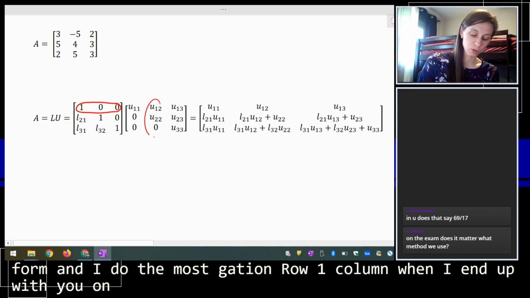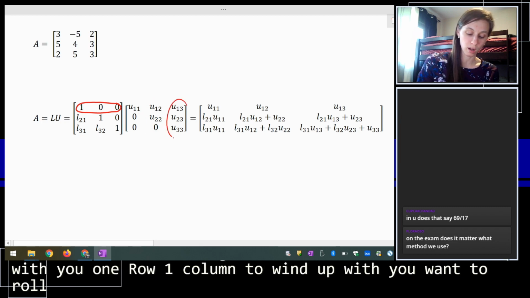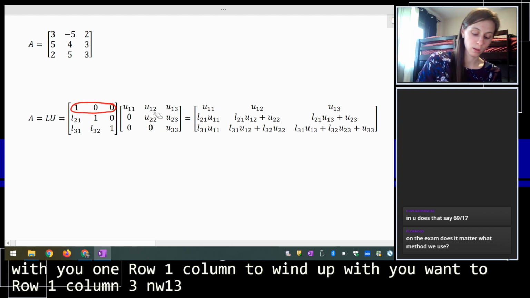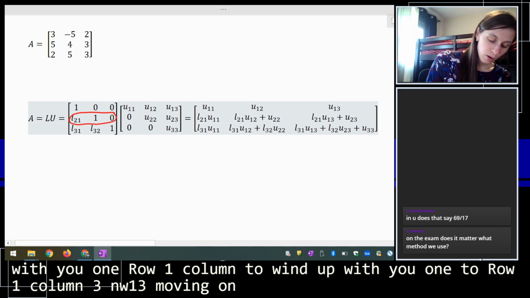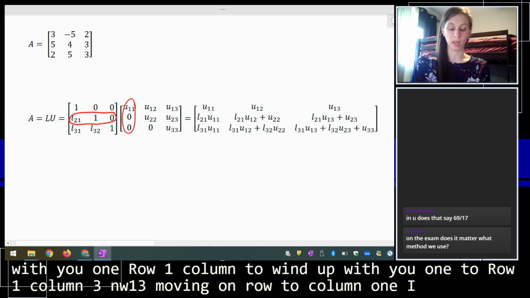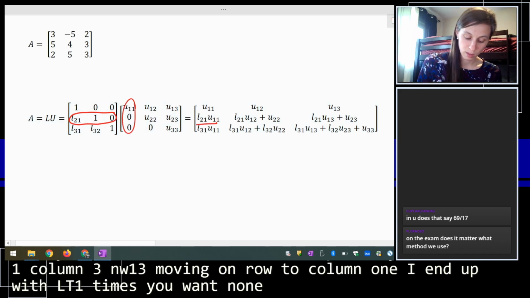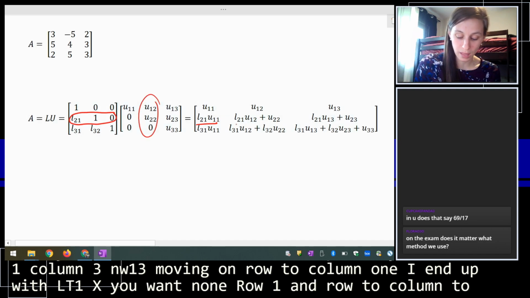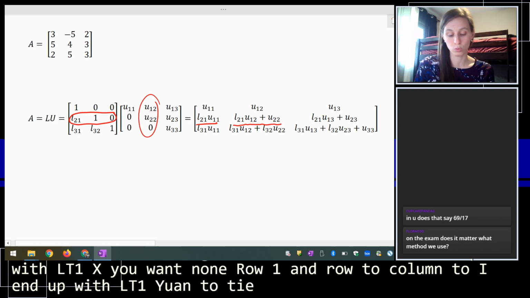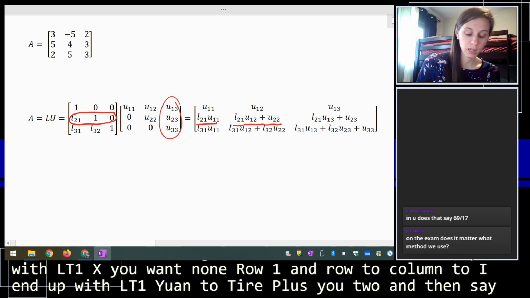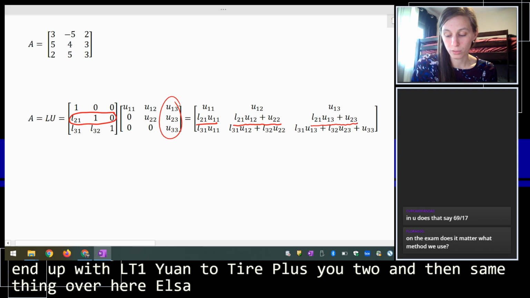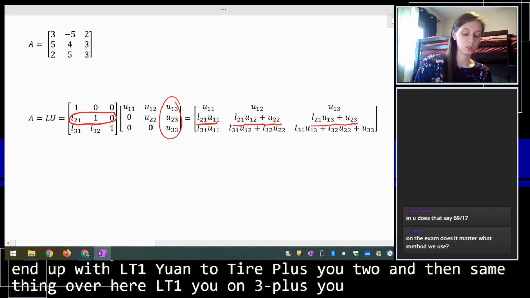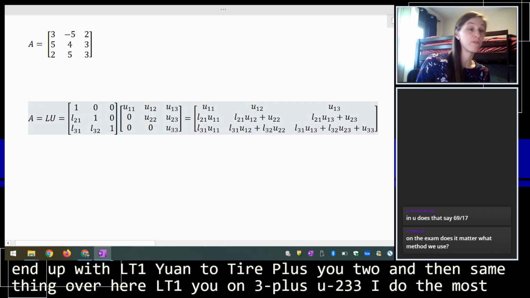Row 1, column 2, I end up with U12. Row 1, column 3, I end up with U13. Moving on, row 2, column 1, I end up with L21 times U11. Row 2, column 2, I end up with L21 U12 plus U22. And then same thing over here, L21 U13 plus U23.